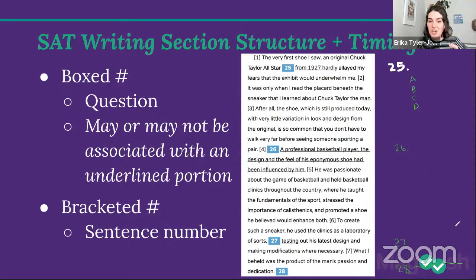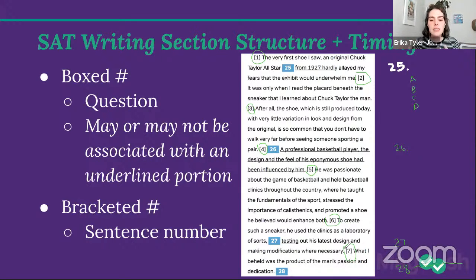What you don't want to mix this up with, and I've seen students do this before, so I'm noting it now, is those bracketed numbers. So we can see some bracketed numbers here. I see this 1, this 2, this 3, this 4, 5, 6, and 7. Those are sentence numbers. So those are not questions. Those are what sentence we're on in the paragraph.